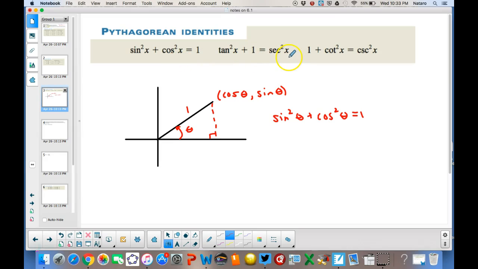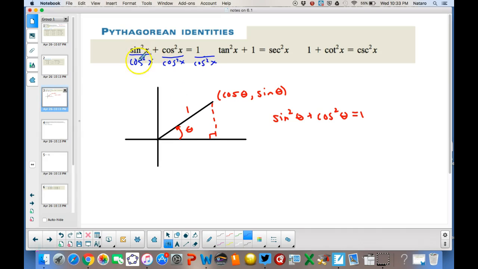But how do we get these other two Pythagorean identities? Well, let's say that I wanted to divide both sides of this equation by cosine squared. So I'm dividing each term by cosine squared of the angle.